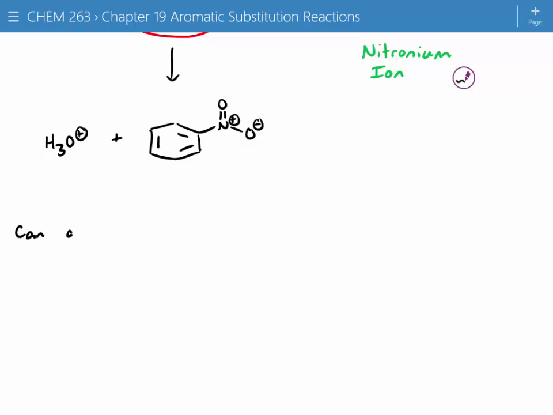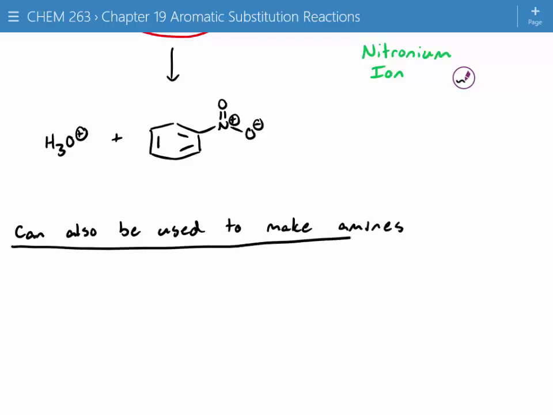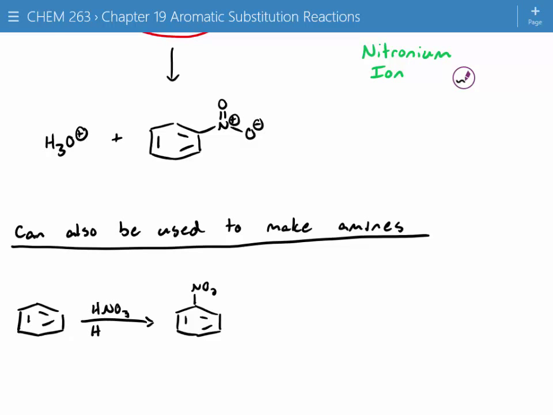It can also be used to make amines. So let's say we've got our benzene. We said we can easily make nitrobenzene using nitric acid and sulfuric acid.